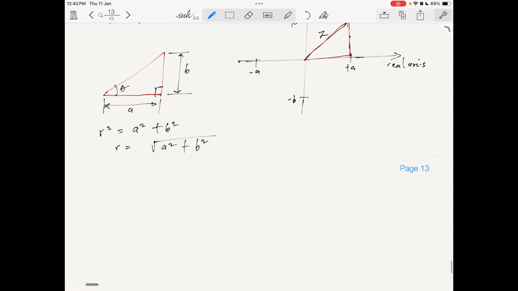And if you remember, sine is opposite over hypotenuse, cosine is adjacent over hypotenuse, and tan is opposite over adjacent.